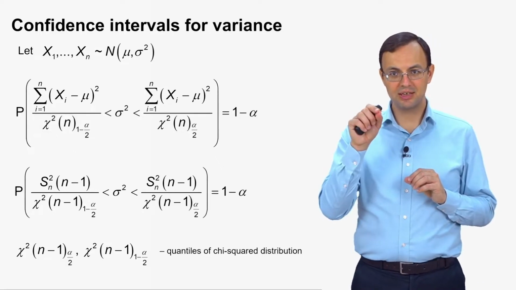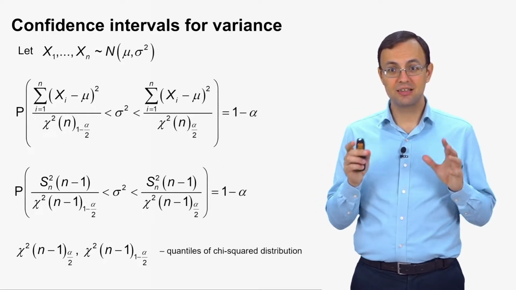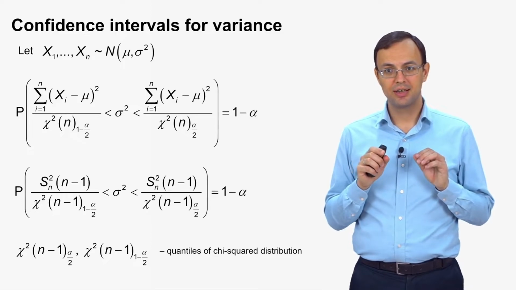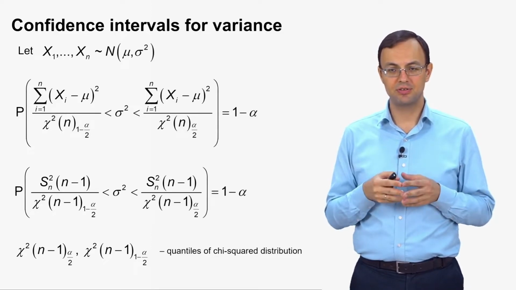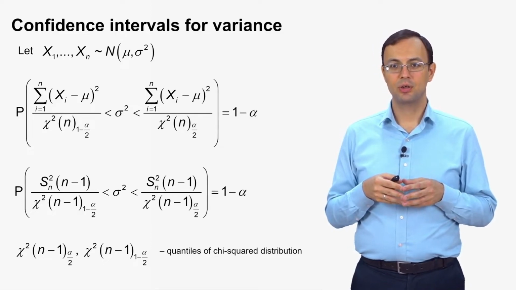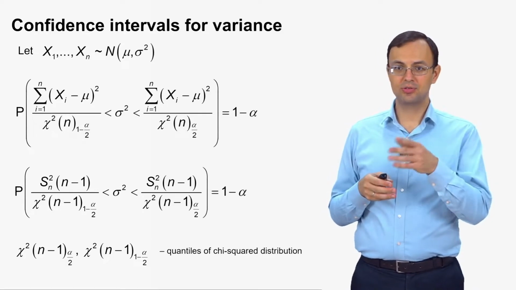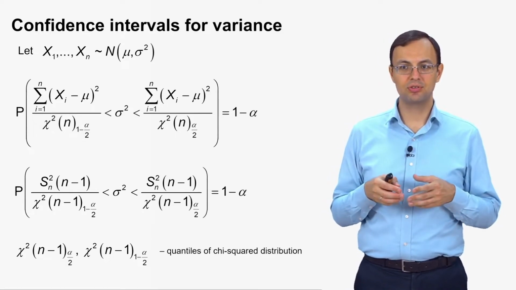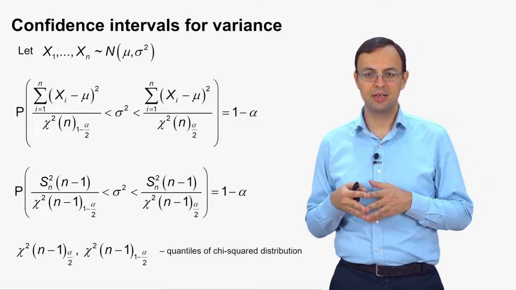So in the denominator, n minus 1 is not a coefficient; it is a parameter of the chi-square distribution. Here you also see that the left and right endpoints of the confidence interval differ in the level of the quantile. Let's now apply the formula for the confidence interval for the variance.